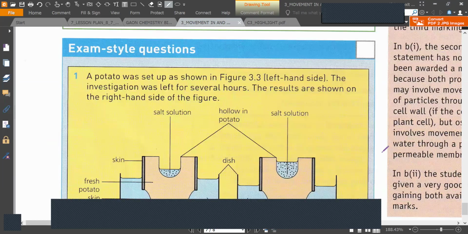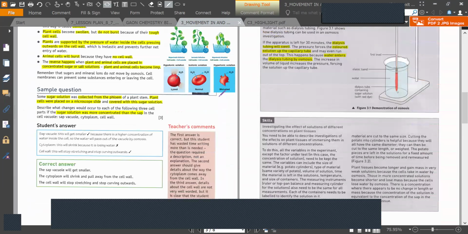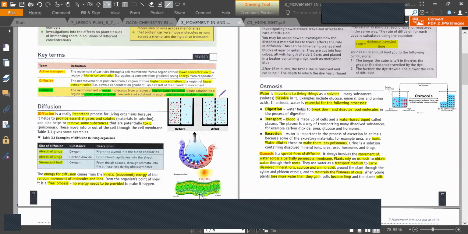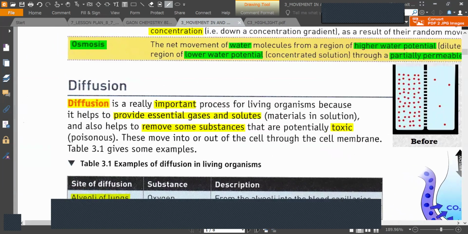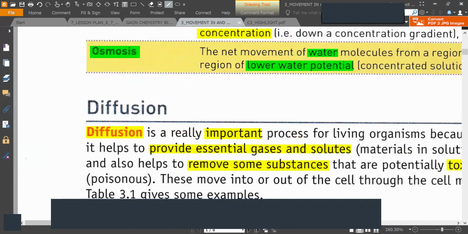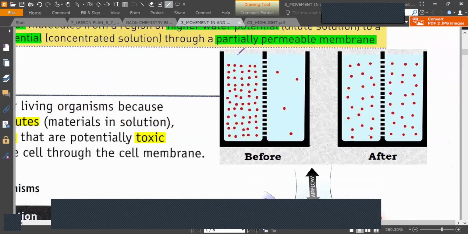And then at this moment, let me just quickly clarify one point about diffusion. We discussed diffusion at the start. Here is high concentration, here is low concentration.